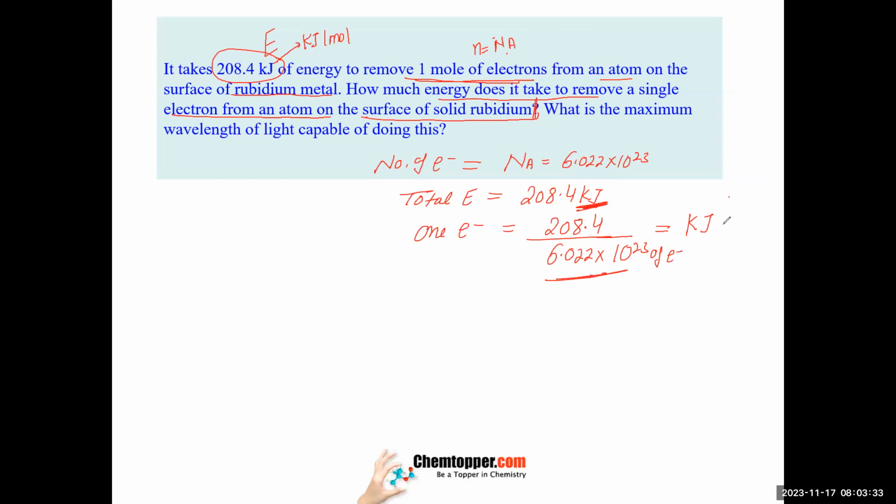So can I say kilojoule per electron? Yes, kilojoule per electron. So please focus on this unit part also in every question. Are we done with this? Lisa, is it okay? Is it clear?